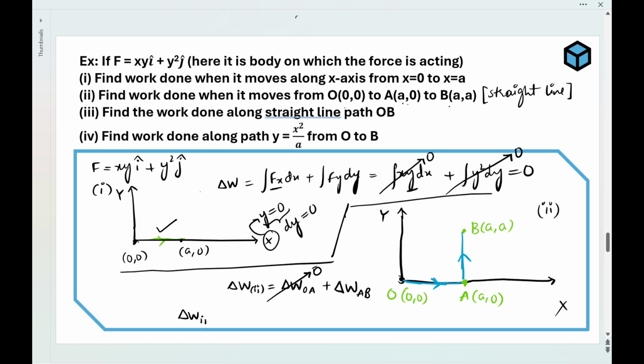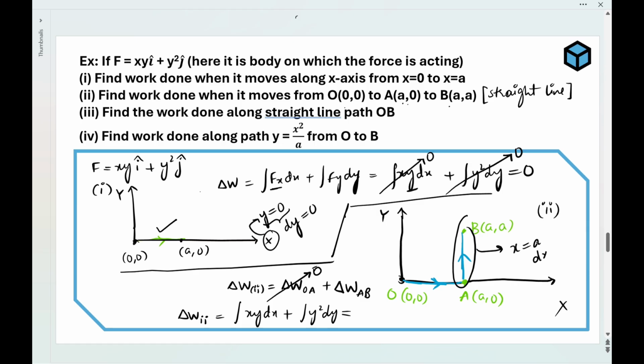So delta W in the second case would be the integral of fx dx plus fy dy. So I am directly writing xy dx plus y square dy. Here, in the process A to B, what is important is that x equal to A is constant.